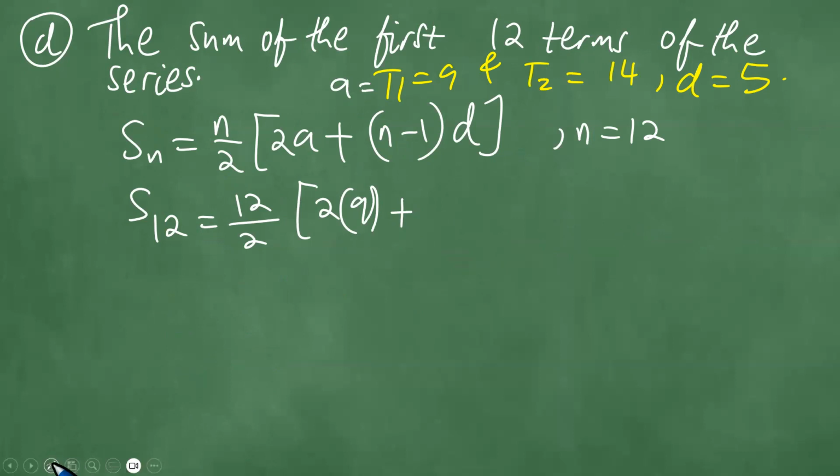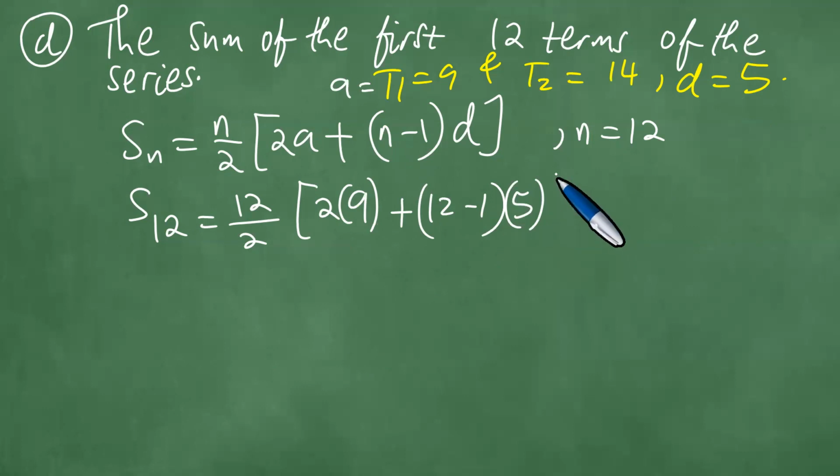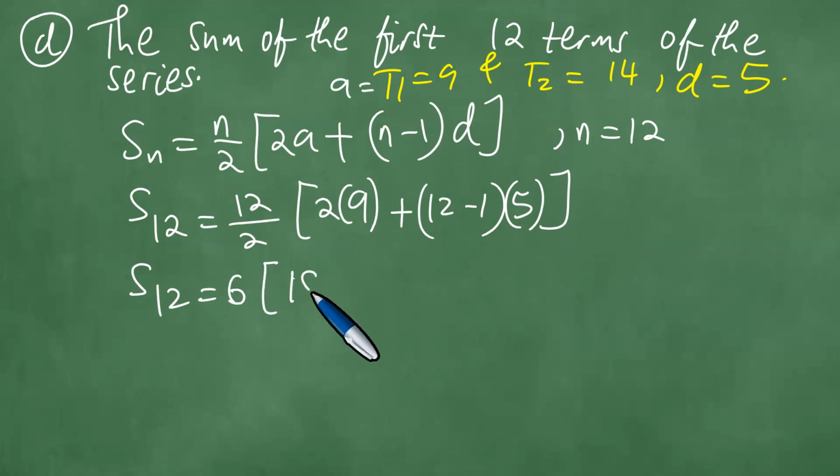Then 12 over 2 is 6, times twice 9, which is 18, plus 12 minus 1, which is 11, by 5, which is 55.